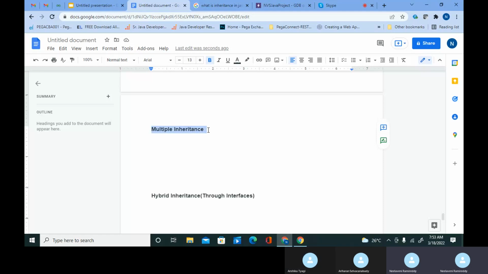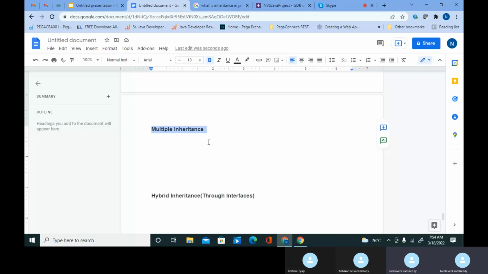Is it possible? Multiple inheritance is possible in Java, yes, with the help of interfaces.